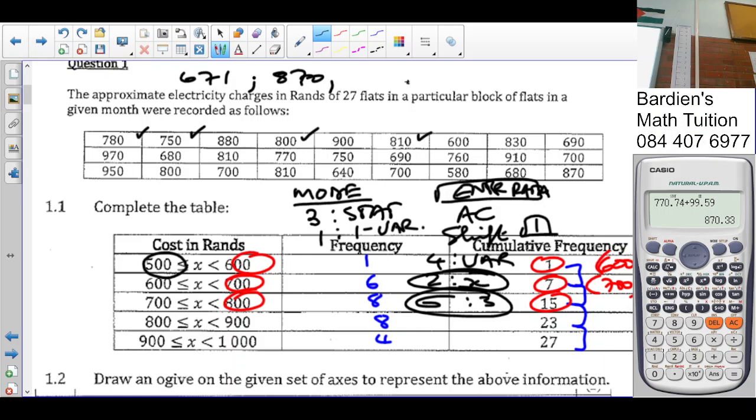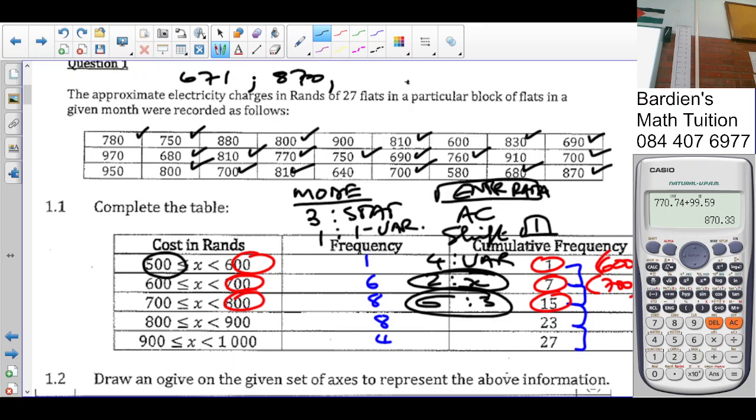Yes. 600 is not. 830 is. 690 yes. 970 no. 680 yes. 810 yes. 770 yes. 750, 690, 760 yes, 910 no. 700 yes. 950 no. 800 yes. 700 yes. 810 yes. 640 no. 700 yes. 580 no. 680 yes. 870 yes.